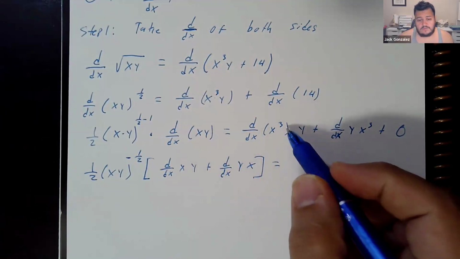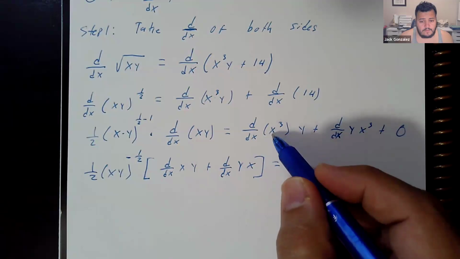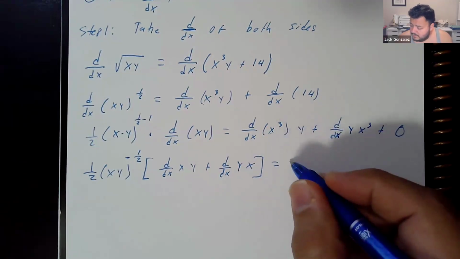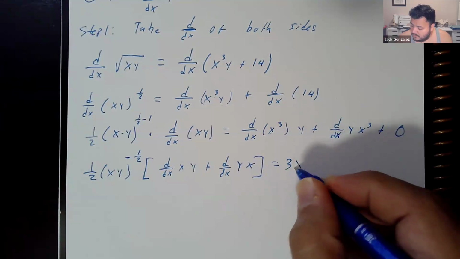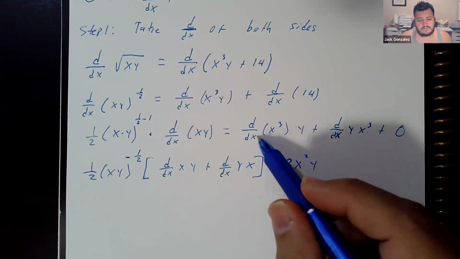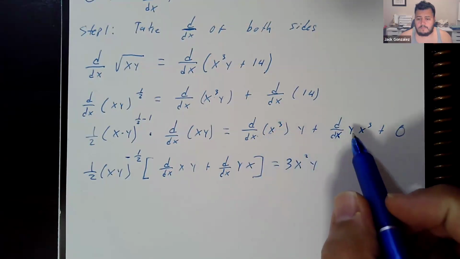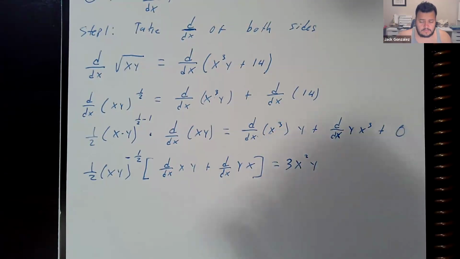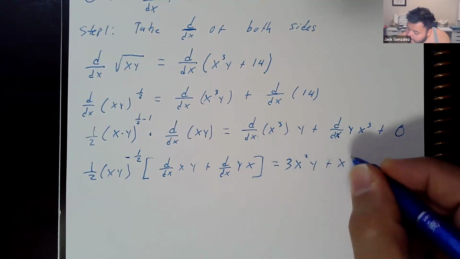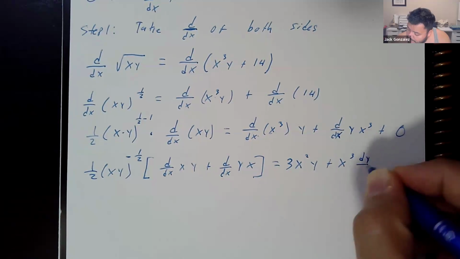And let's go ahead and start doing the derivative on this one. Derivative of x cubed, no implicit part because it's an x. Derivative of y will be 1 times dy/dx. So you end up with x cubed dy/dx.